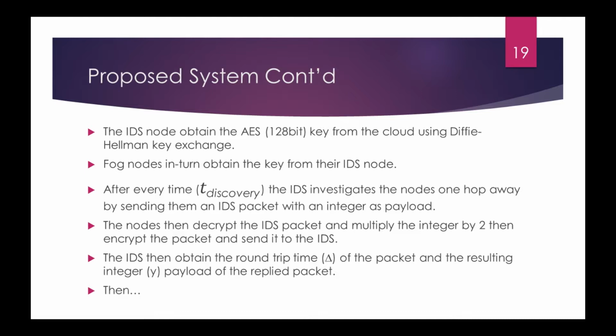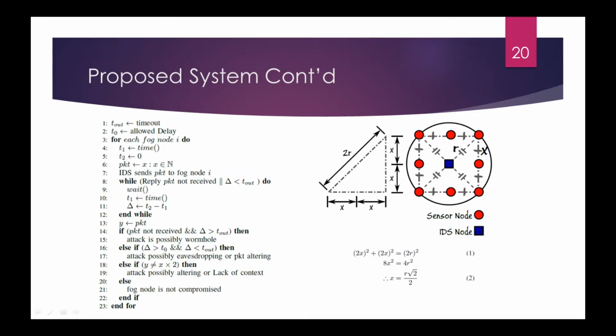So we have this algorithm which helps us determine how the proposed system will decide what type of attack is being made. The system has a threshold for timeout and a threshold for time allowed for real packets.